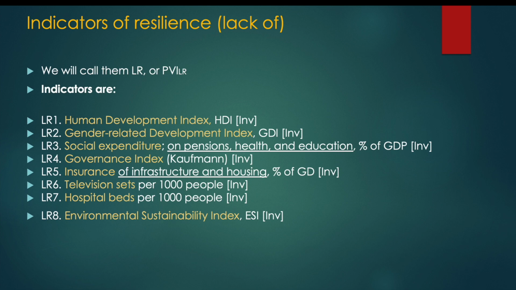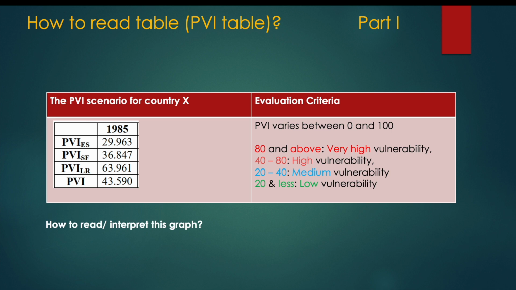So here, after the calculation is made, we can see such types of tables. So here we'll try to interpret the table. Here we'll learn how to read the graph or how to interpret the graph. On the right hand side, we can see the evaluation criteria.